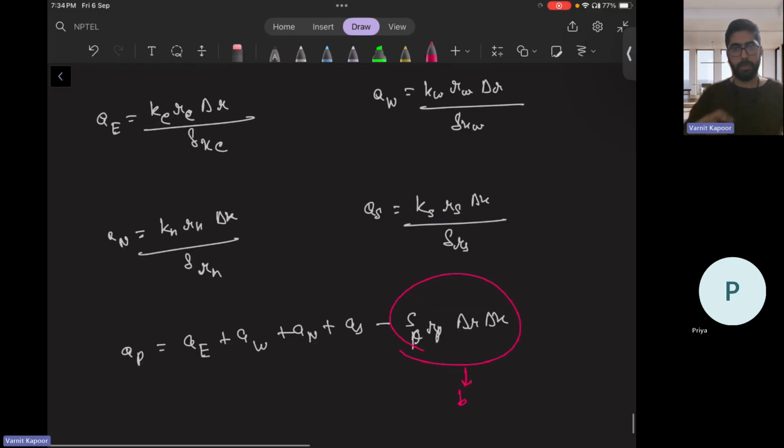Very simple thing. So we have seen all three types of coordinate system: Cartesian, polar, and axisymmetric, for the steady diffusion cases. Now we will come to unsteady diffusion.